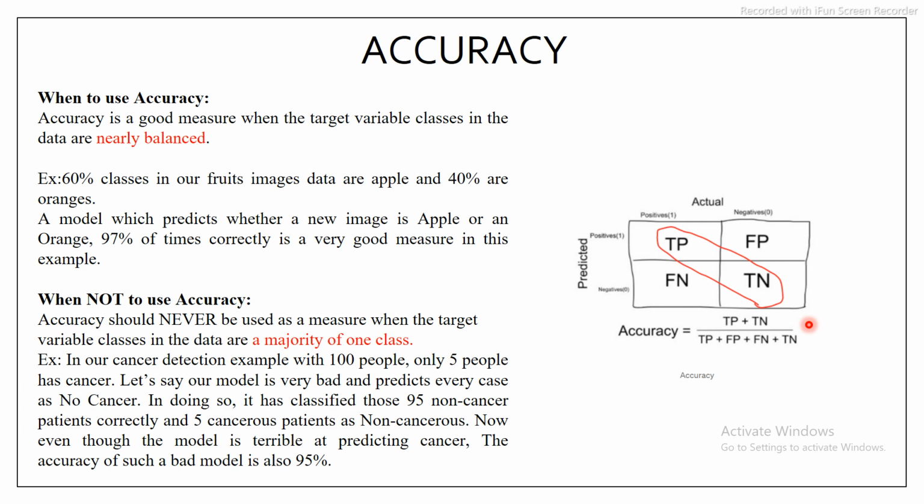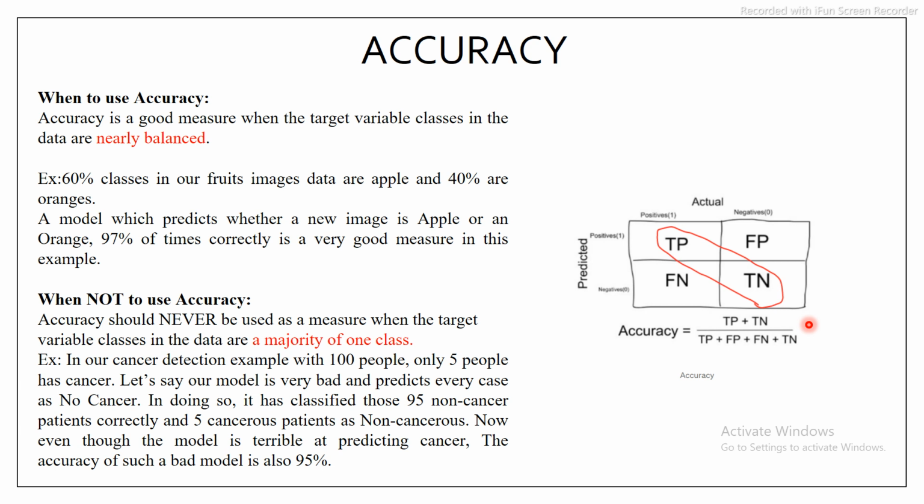And then again, if you see this one, when to use accuracy, this is a typical case study. Accuracy is a good measure when the target variable classes in the data are nearly balanced. For example, let's say churn of a customer from banking systems.